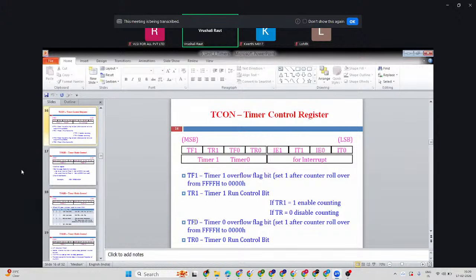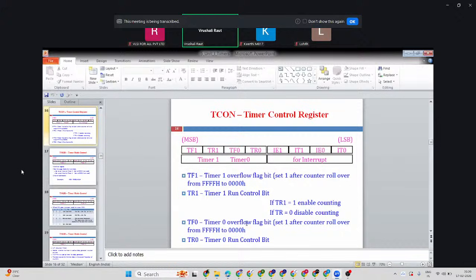Then TF0, that is about timer 0, and this is again the flag bit. When will this flag bit be set? When timer 0 overflows. What do you mean by overflow? While counting, those 16 bits of my timer will all be 1 and it will roll over to 0.